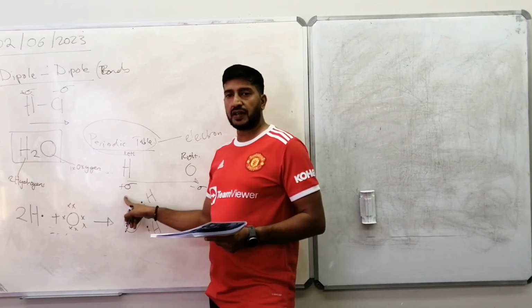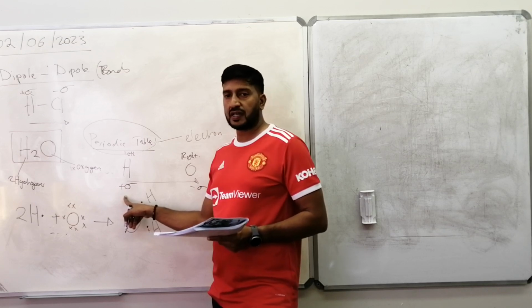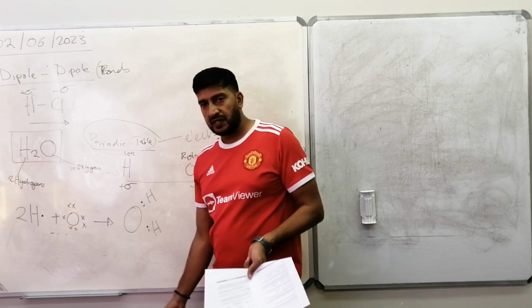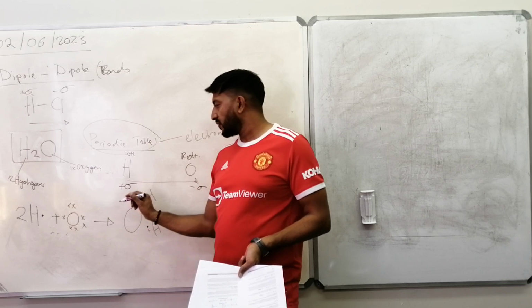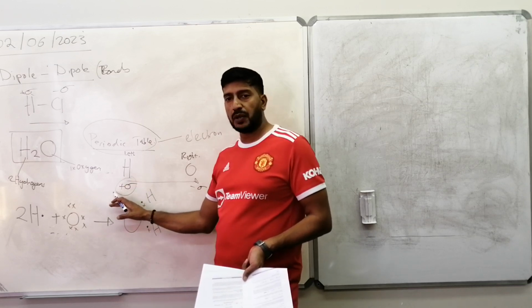The element on the left-hand side has a lower electronegativity because it's more positive. Therefore, we said that this is the positive pole.